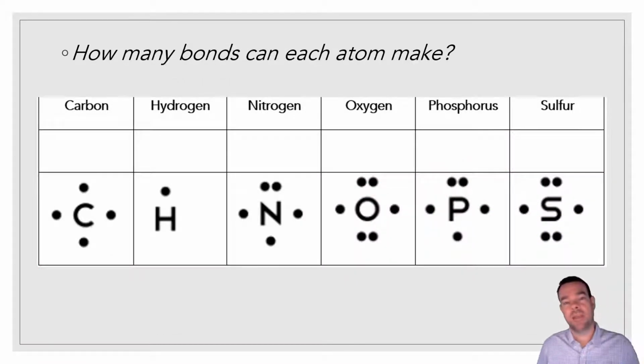So, atoms want to fill their outer shell, right? If you remember from chemistry, a full octet, eight electrons in its outer shell is typically what an atom wants. Now, hydrogen and helium, they only have a 1s orbital, so they really only will accept 2 electrons. But carbon, for example, it has 4 outer shell valence electrons, and it needs 4 more. Where does it get those?